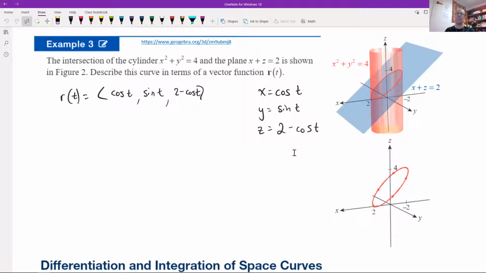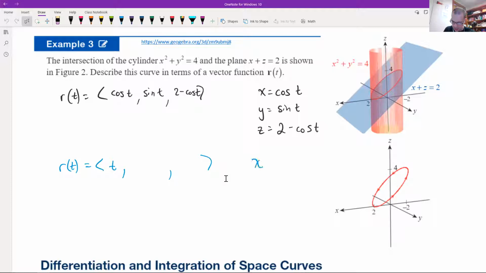If you didn't see the fact that we have a circle here and you tried making a parameterization another way, maybe one thing that you might do is notice, all right, so I'm going to do this in a different color, you might notice that x appears in both of those. So maybe you decide, all right, let's make x equal to t, and then solve for y and solve for z in the other equation and see what we get.